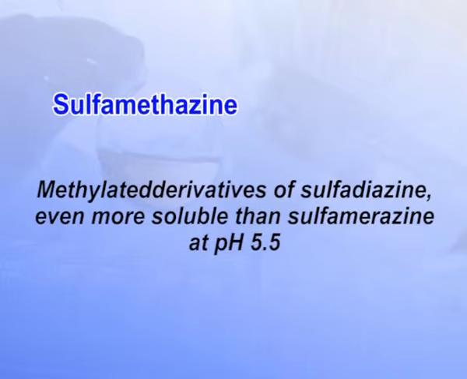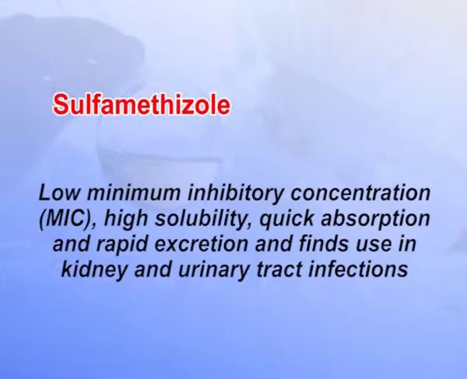After it, the next comes sulfamethizole having low minimum inhibitory concentration, that is MIC, higher solubility, quick absorption and rapid excretion, and finds use in kidney as well as in urinary tract infection.